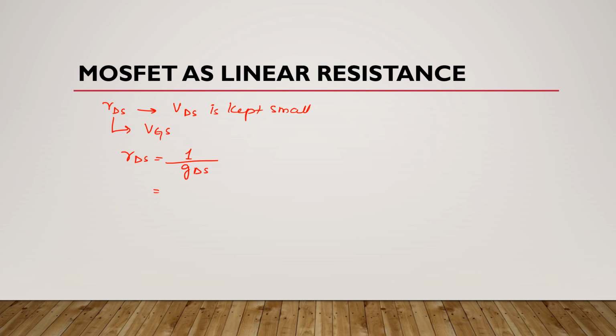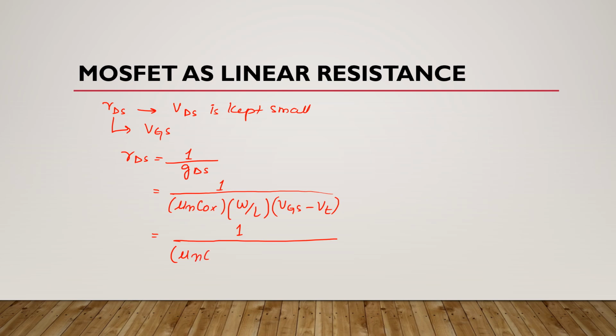We know that the equation of conductance of the channel is this. Here we have VGS minus VT, and we can write this equation like this.